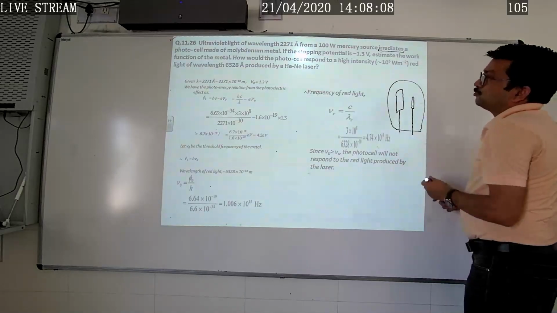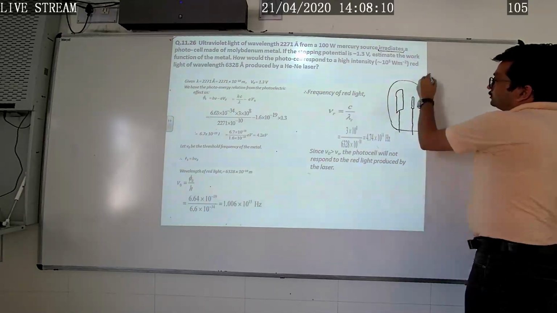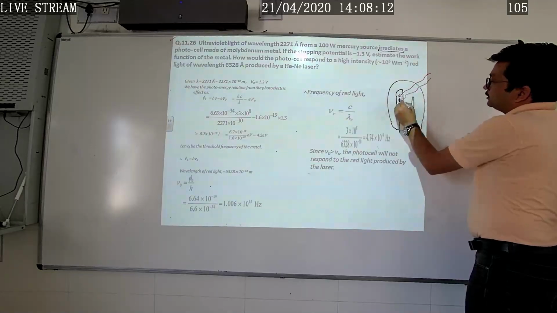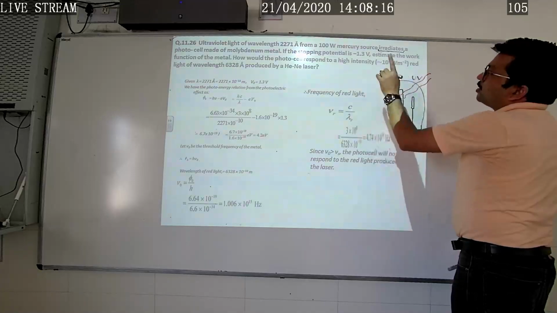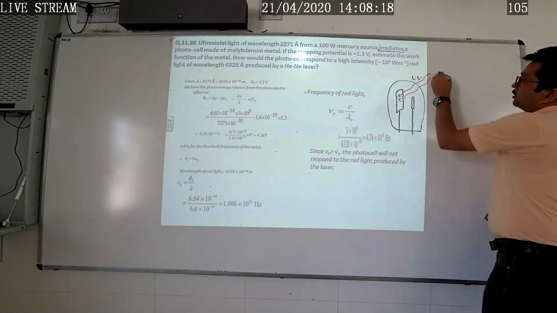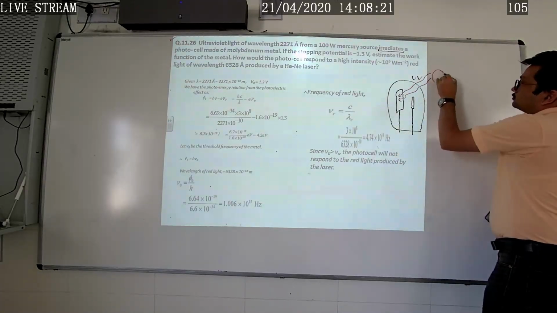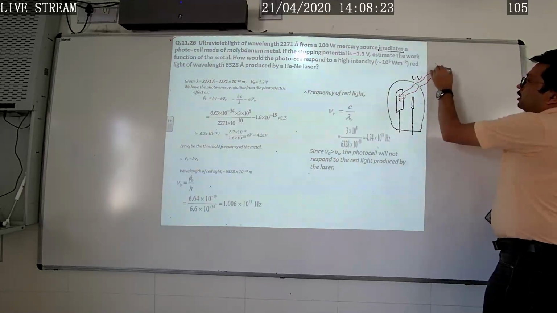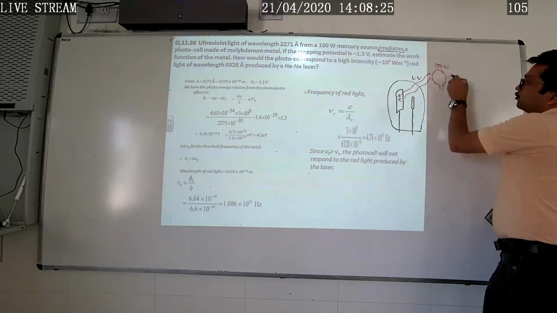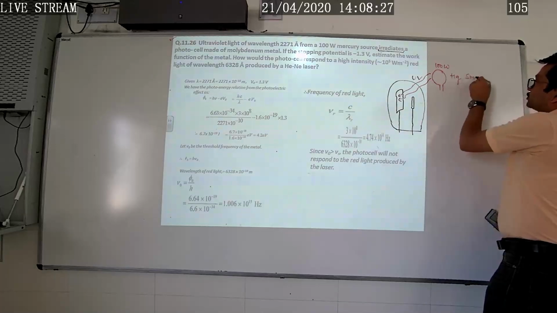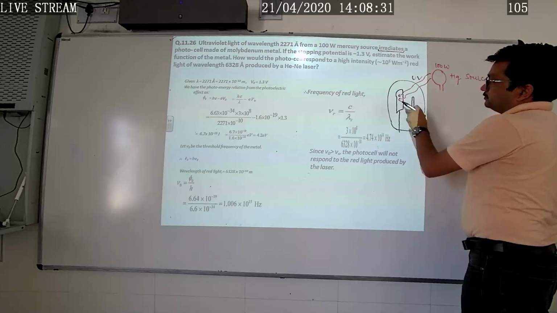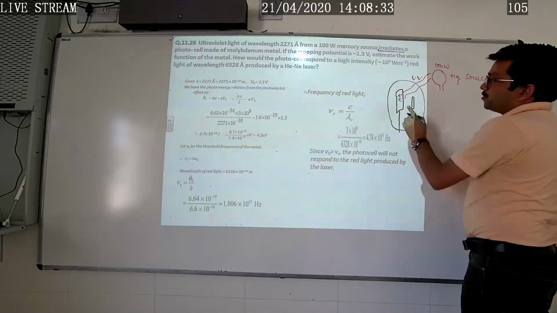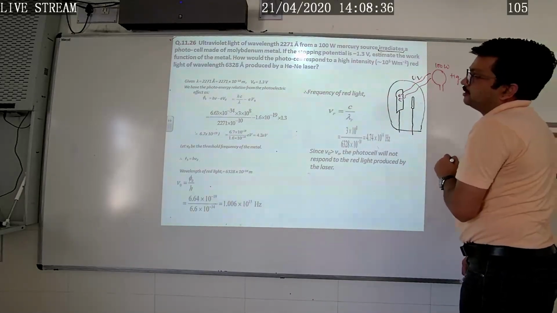This is the ultraviolet light, UV light, with the given wavelength, from a 100-watt mercury source. Here the source is there, this 100-watt mercury source. So the ultraviolet light irradiates the photocell made of molybdenum metal.